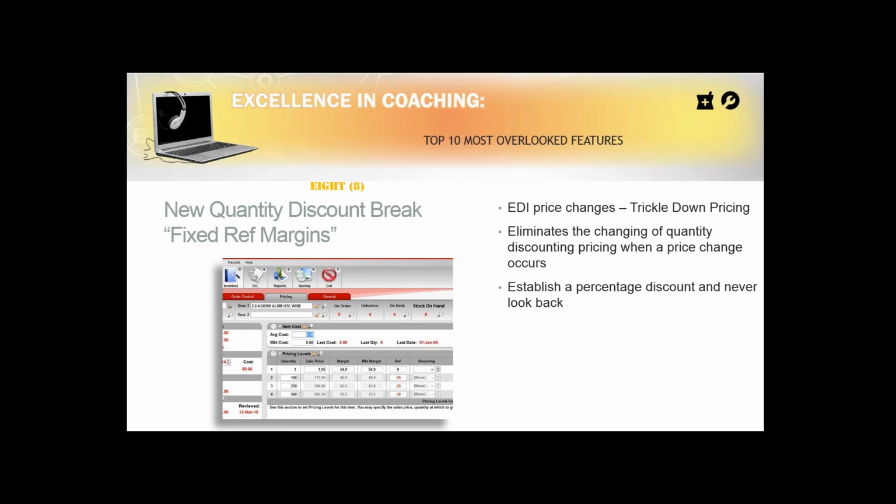So you can set these quantity discount breaks, and now anytime that price changes, whether you change it on the fly or you receive an EDI file or whatever it might be, it's going to proliferate down automatically. So that's going to solve that problem of you having to go in and tweak the prices in the quantity discount range if you're using EDI and your prices are changing automatically.